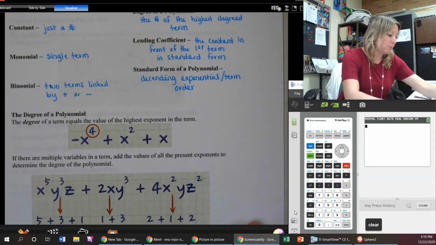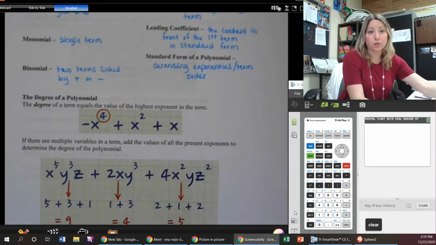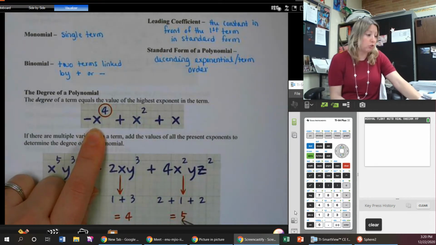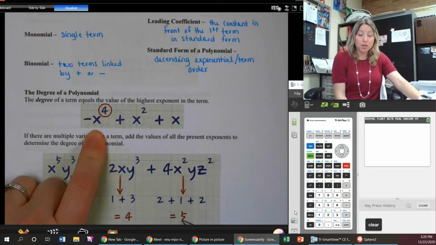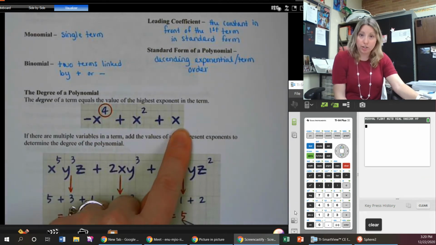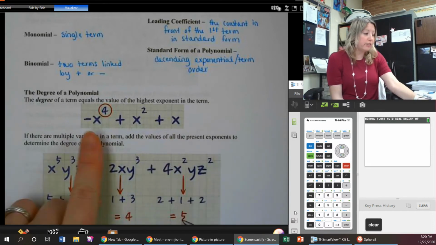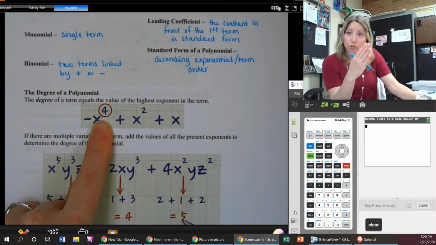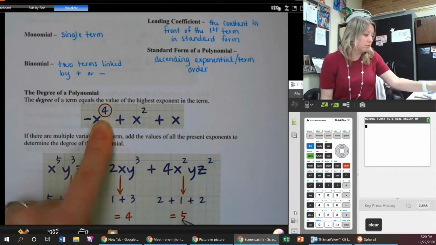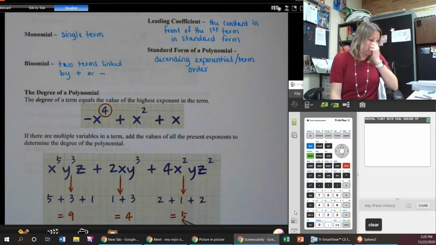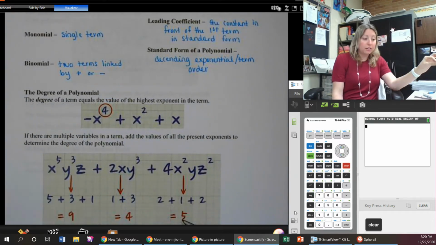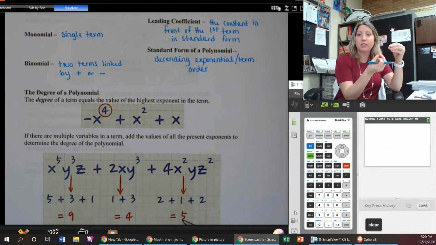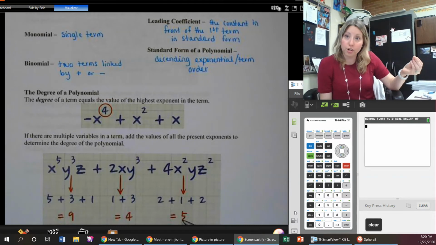Okay, let's talk about the degrees of a polynomial. The degree of a term is the value of the highest exponent in the term. For example, this polynomial is in standard form because it starts with its highest degreed term, then the next degreed term, and then the last degreed term. It's a fourth degree polynomial because the exponent on the highest term, the first term, is 4. If there are multiple variables in a term, you add the values of all the present exponents in that term to figure out its degree.